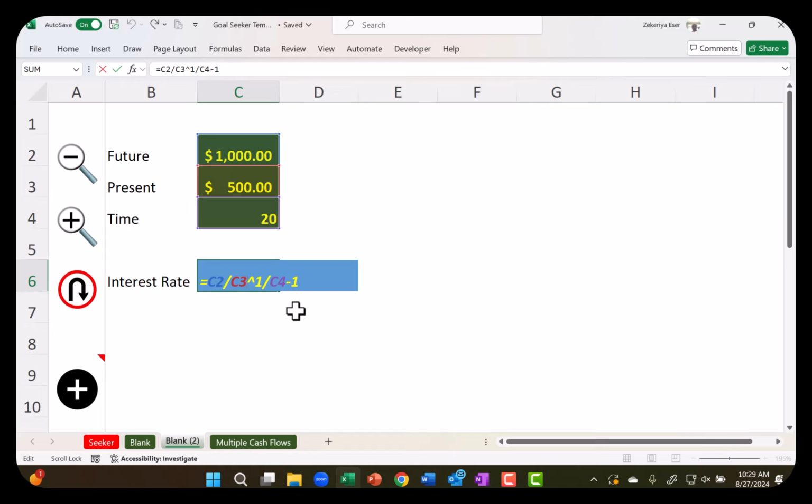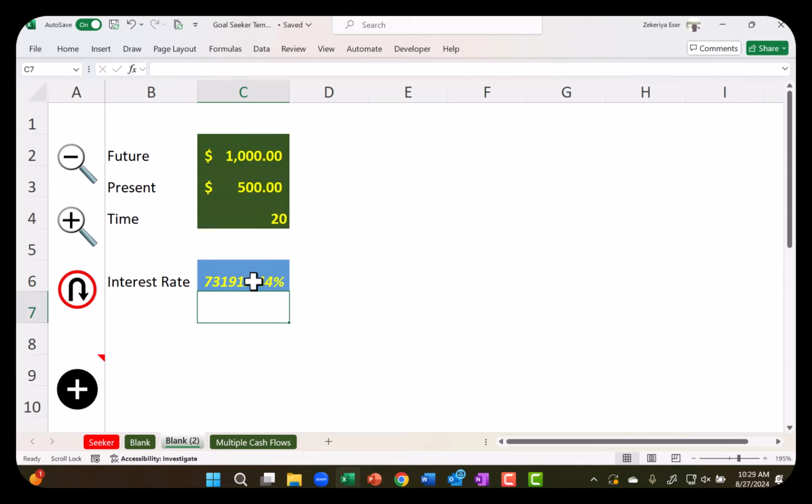First of all, the exponentiation that I want to do is 1 over t. So let's make sure that I do that with a parenthesis. Okay? It's still not doing the right thing, but what I'm doing right now, I'm raising 500 to the power of 1 over 20. But that's not what I want to do. I want to raise the ratio of future and present to 1 over 20.